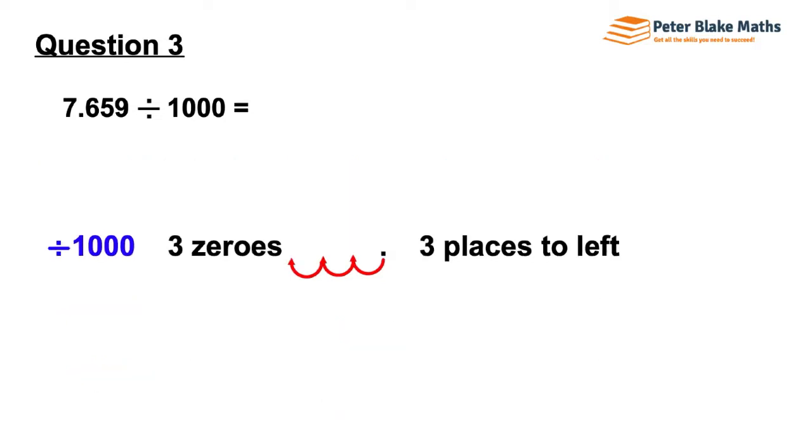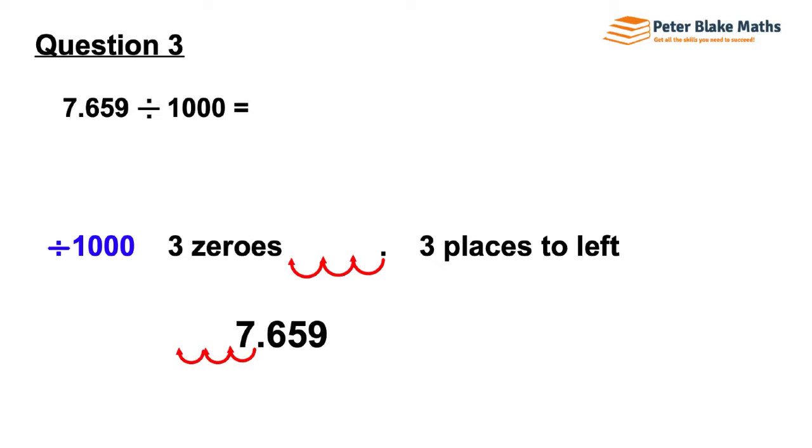So if we write that out carefully, we've got 7.659 at the moment, and we're moving that decimal point 3 places to the left. We'll have to be careful about this. You'll notice when we skip 3 places to the left, there are 2 places there that don't seem to have numbers. We're going to fill them in with zeros.